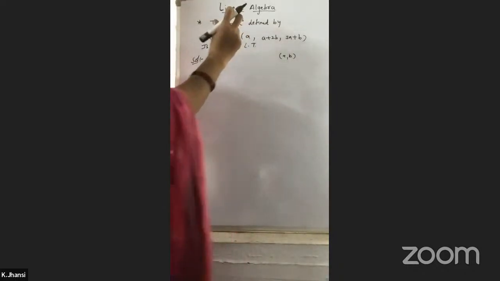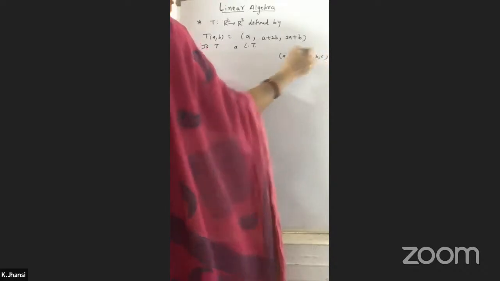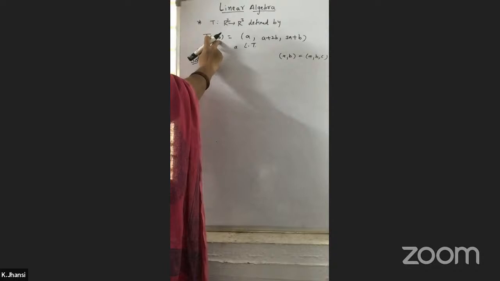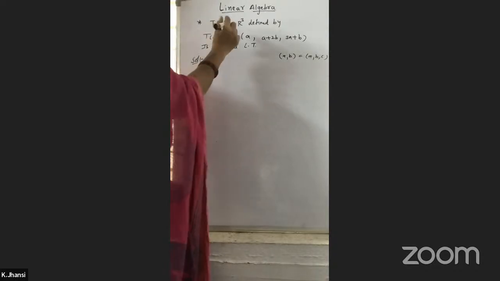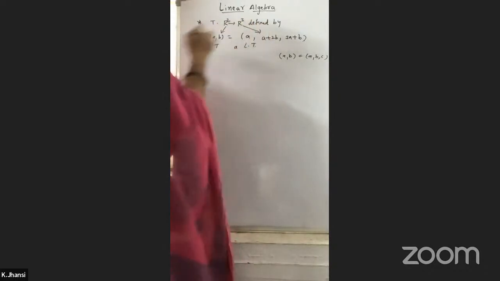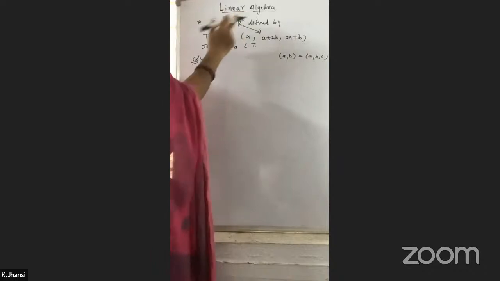And R3 means three elements will be there, so here you can take a comma b comma c.